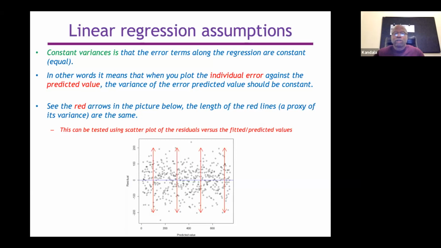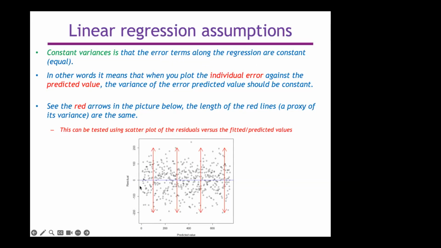The error needs to be constant, that is equal. And what do we mean by equal? For example, you can see the red line here. On the x-axis, we have the predicted value, and here we have the individual error.